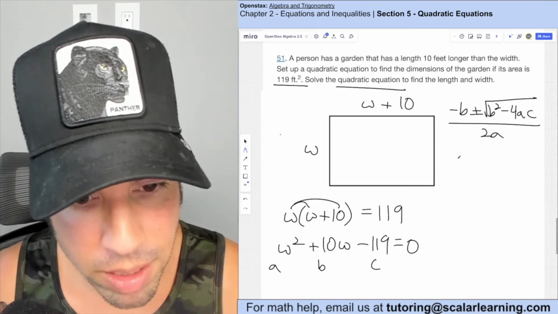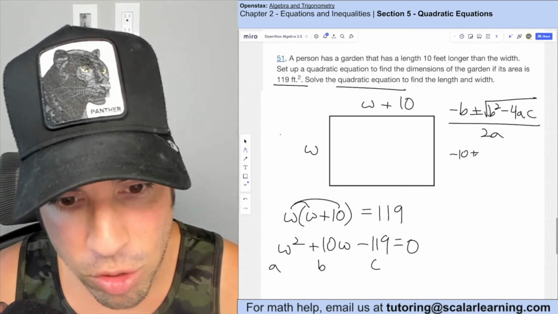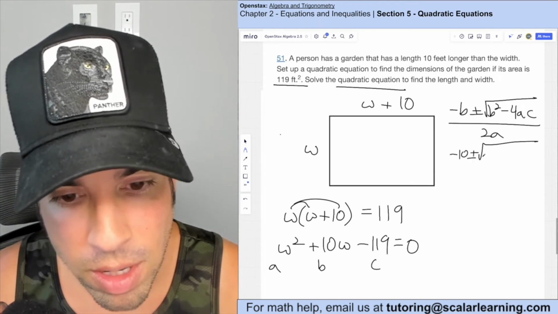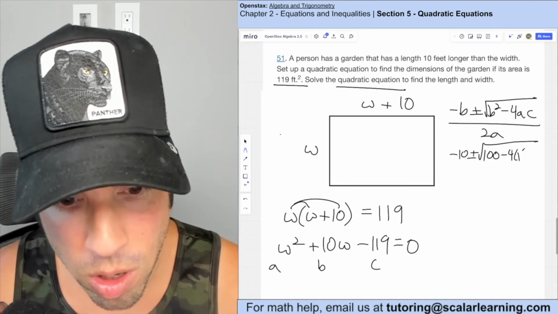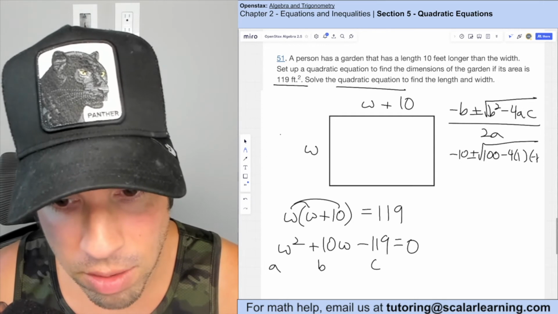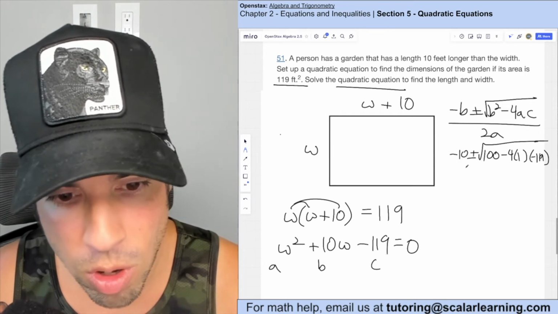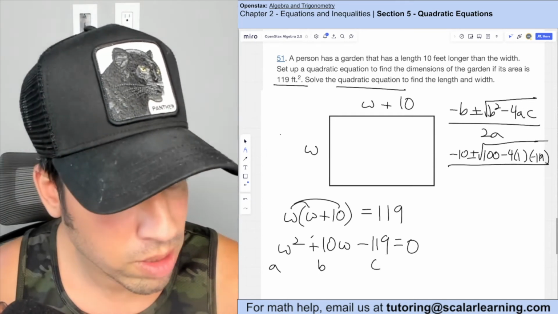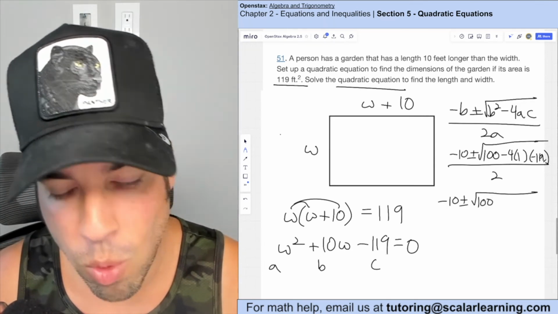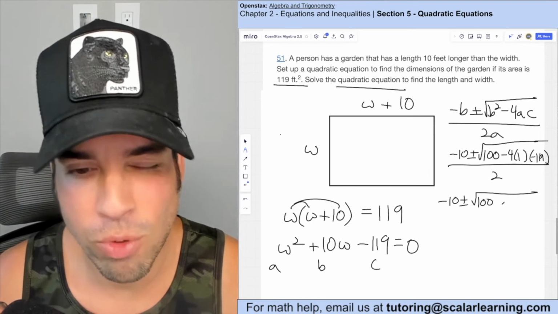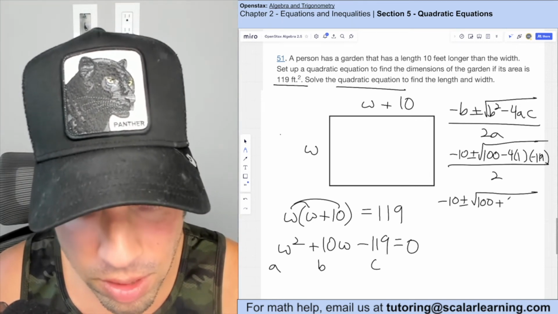Okay, so b is 10, so we got negative 10 plus or minus the square root of 10 squared, which is 100, minus 4. A is 1. C is negative 119. That's a huge number. All over 2 times A. A is 1, so that's just 2. So negative 4 times 1 is negative 4 times 119 is 476 positive because the negatives cancel out.